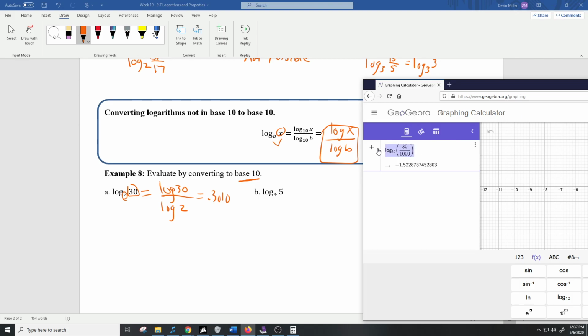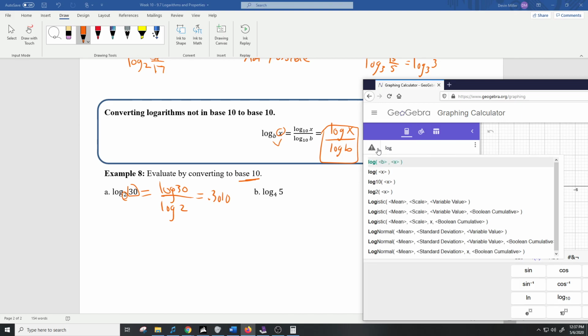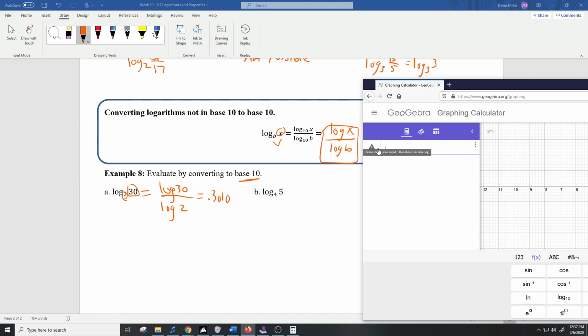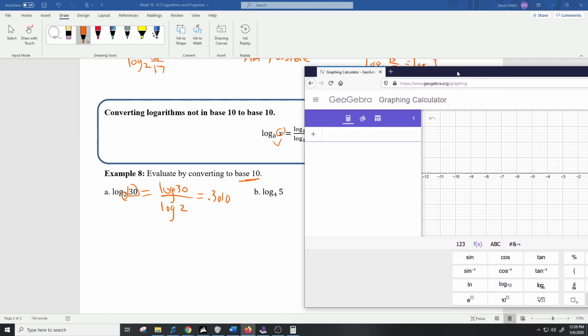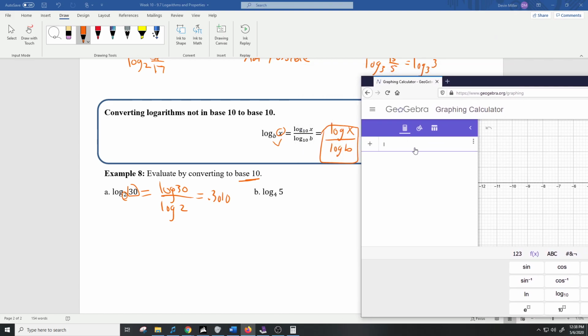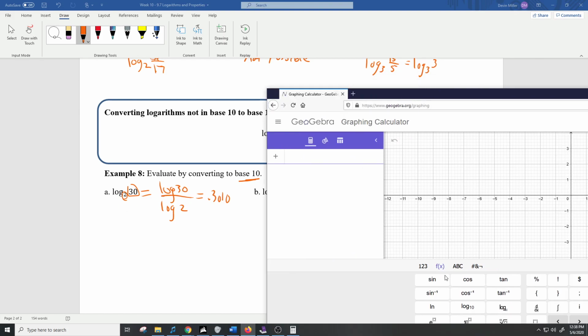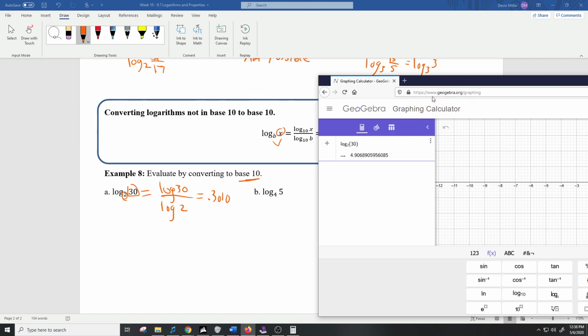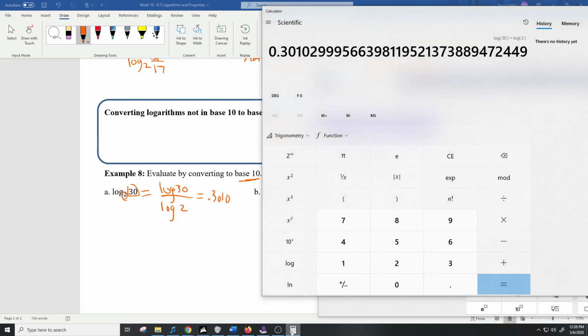Oh, I have to do the whole thing over again. It's 2 logs. I hope I can actually do it in this one. Oh, no. I'm doing the original one. Sorry, I messed up. I was trying to put this one in, but we're actually doing the first one. This one here, yeah. Log base 2 of 30. So that did not give me the same thing as that.